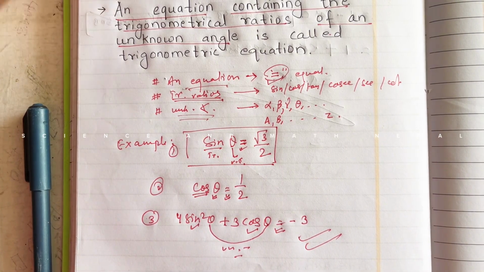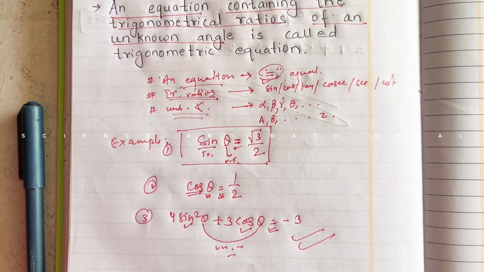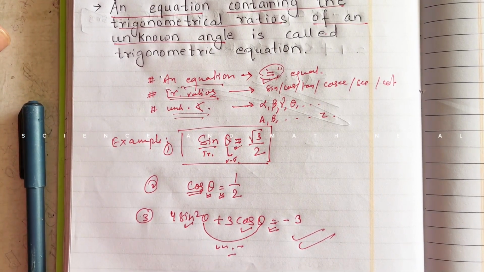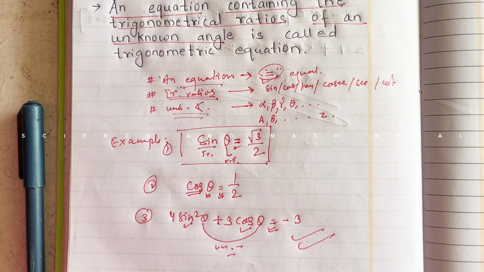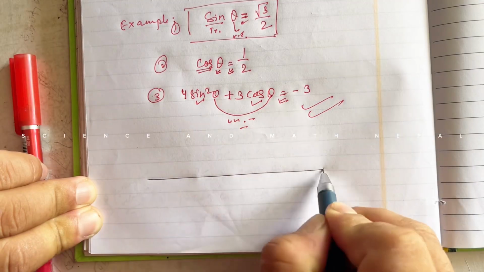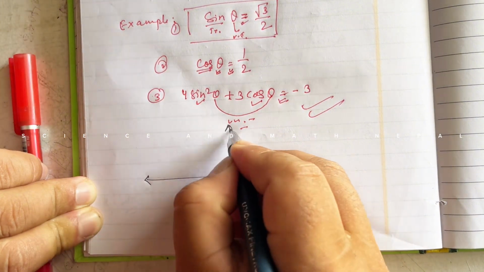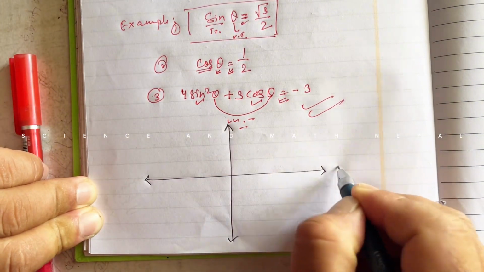Now, to understand trigonometric ratios or to solve questions related to them, we need to understand certain terms, conditions, or formulas. Suppose this is the x-axis and the vertical line is the y-axis.